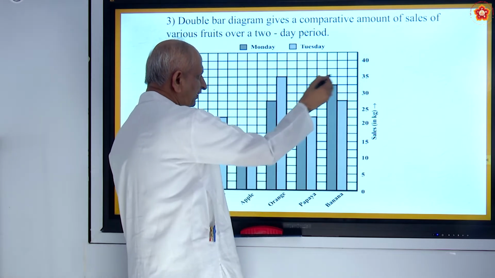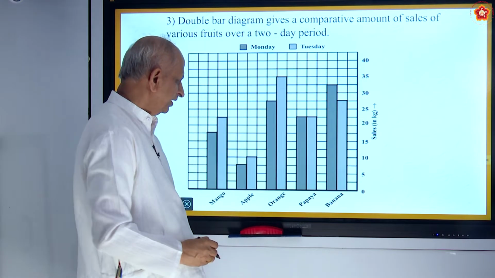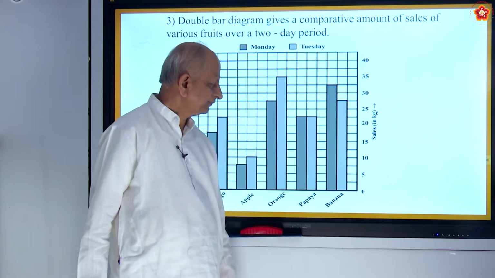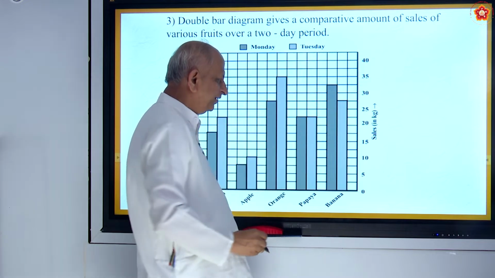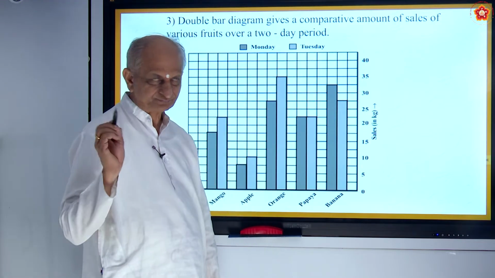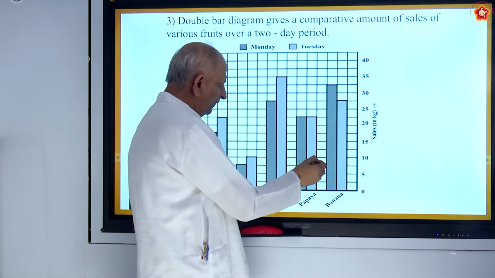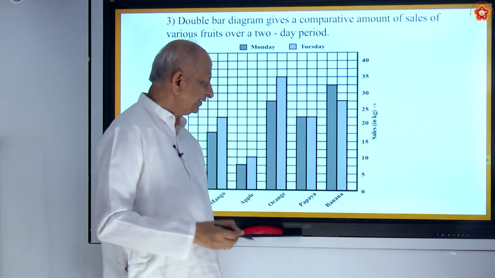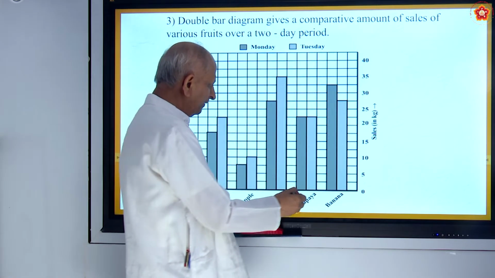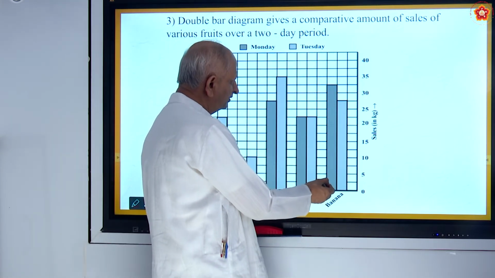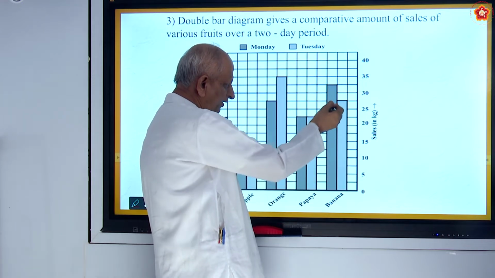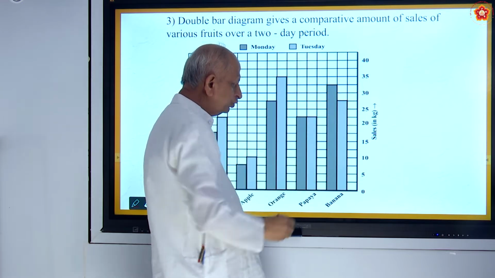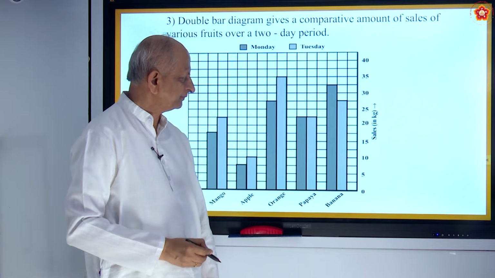On Tuesday about 35 kgs. Coming to papaya, on both Monday and Tuesday about 22.5 kgs have been sold. Same, no variation. Whereas banana, there is a decrease. On Monday about 37.5 kgs have been sold and on Tuesday it reduced to 27.5 kgs.